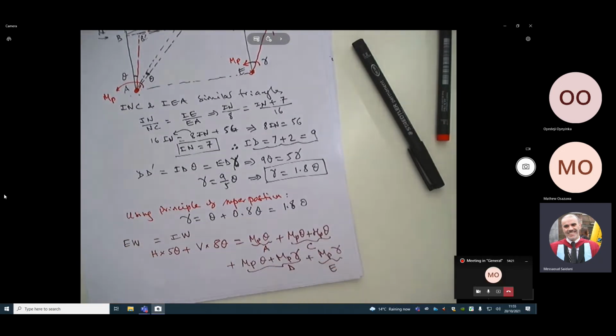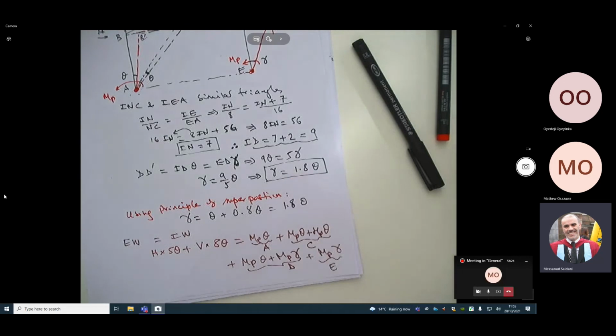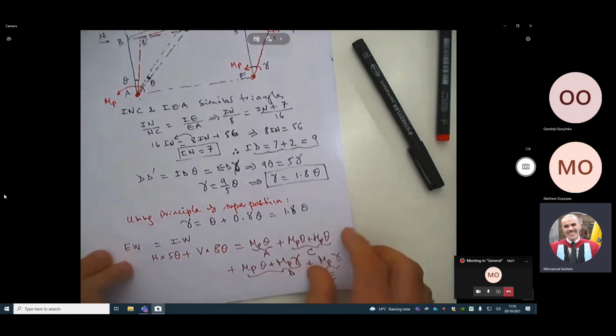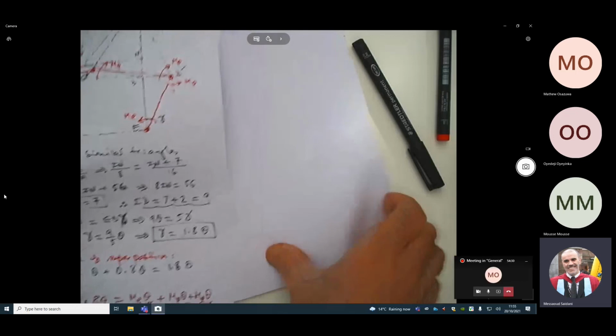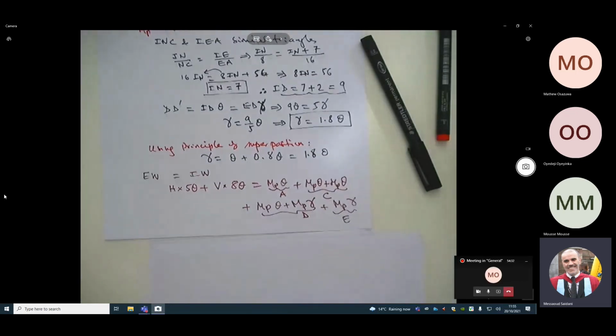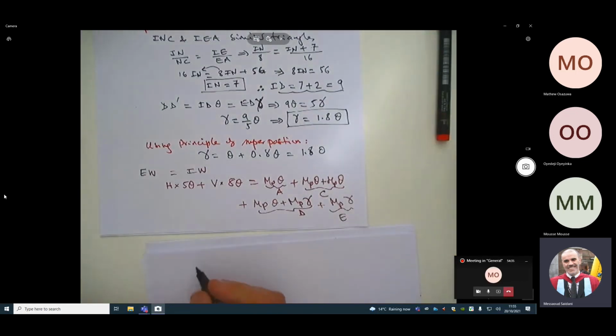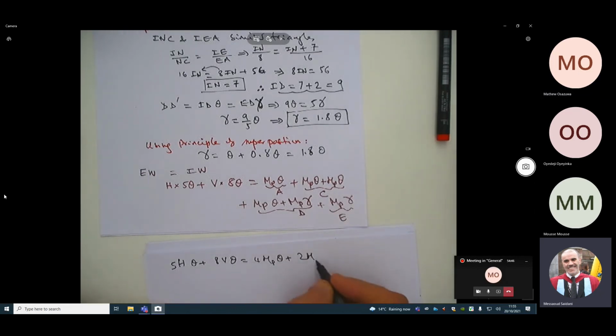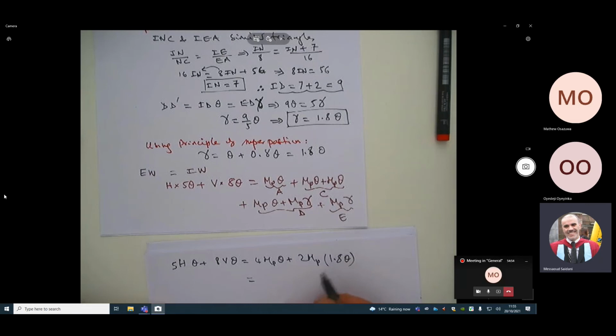I'm going to substitute gamma by 1.8 theta and then simplify to get the relationship. So we have 5H theta plus 8V theta equals 4 MP theta plus 2 MP gamma. Gamma is 1.8 theta, which gives 2 times 1.8, 3.6, so 7.6 MP theta.